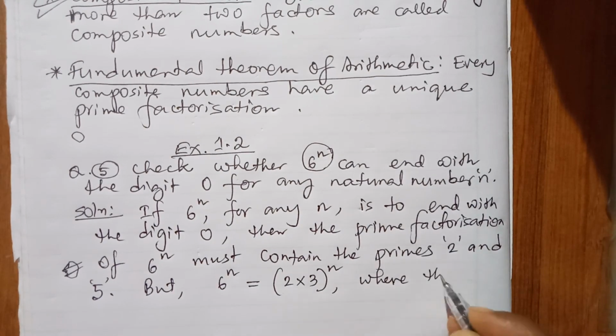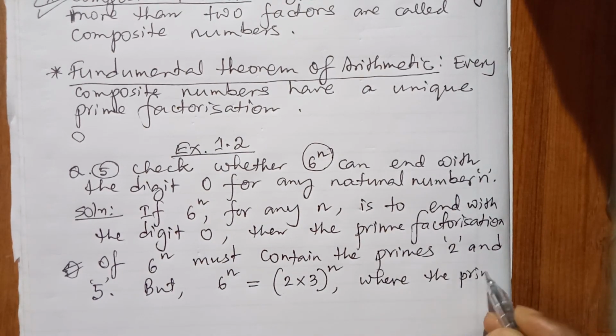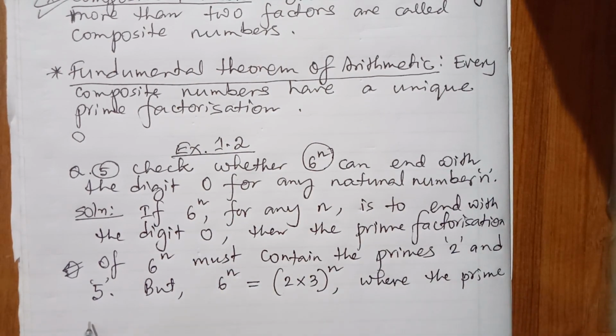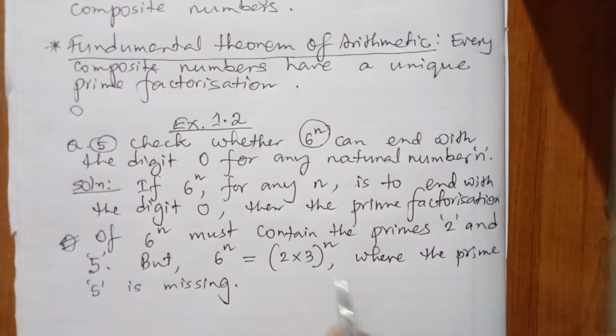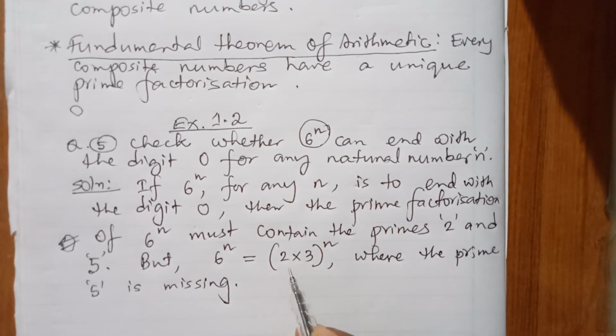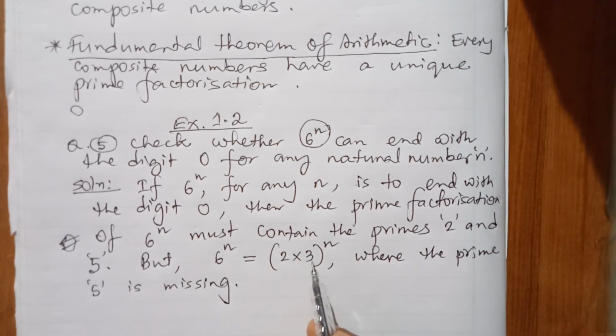where the prime 5 is missing. Now will you get any prime factorization of 6 other than 2 into 3 where the primes 2 and 5 are available?